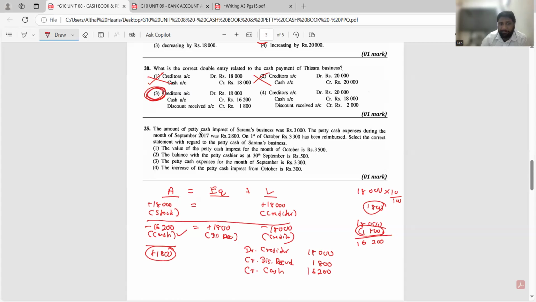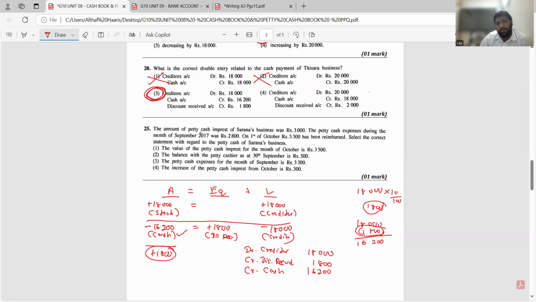Next up. The amount of petty cash imprest of Sarana's business was 3,000. The petty cash expense during the month of September 2017 was 2,800. That is the petty cash expense during September.